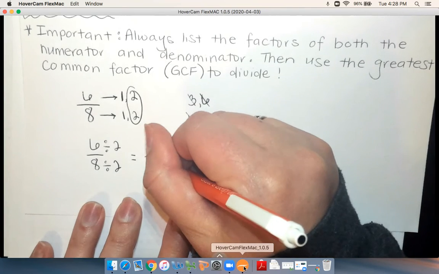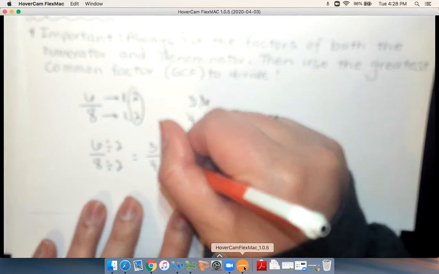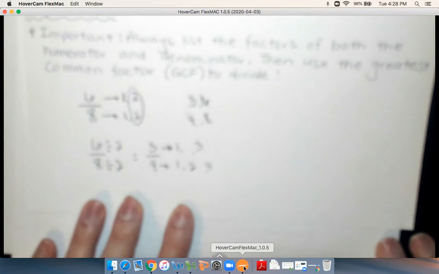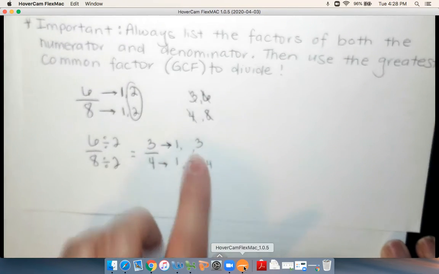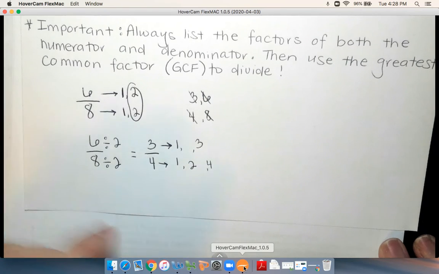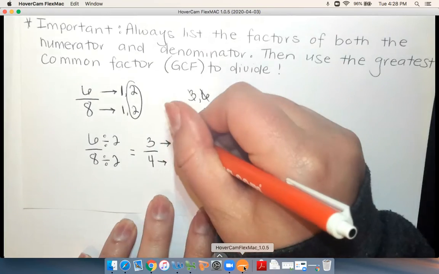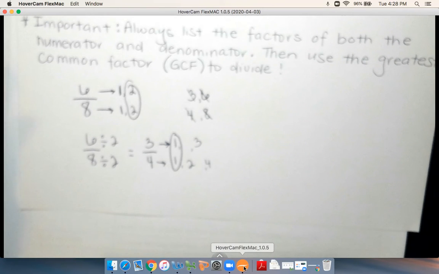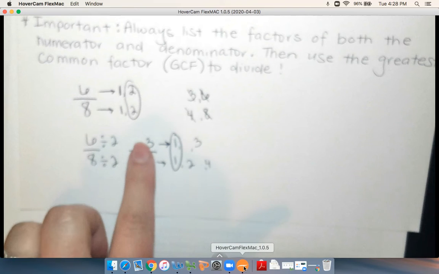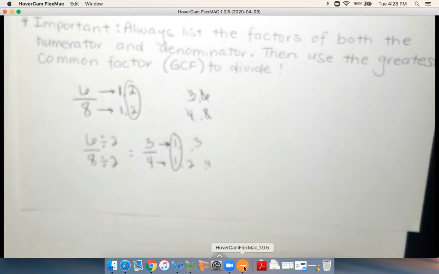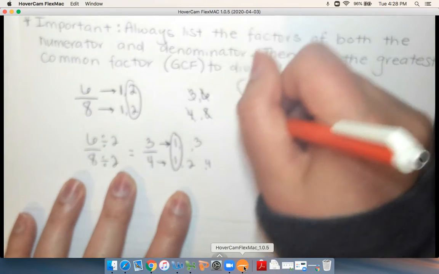With 4, I can multiply 1 times 4, and I can multiply 2 times 2. So the factors of 3 are 1 and 3. The factors of 4 are 1, 2, and 4. And so their only common factor is 1. That's the only factor they share in common. So I know that 3/4 is in simplest form when the only factor that these two numbers have in common is 1.